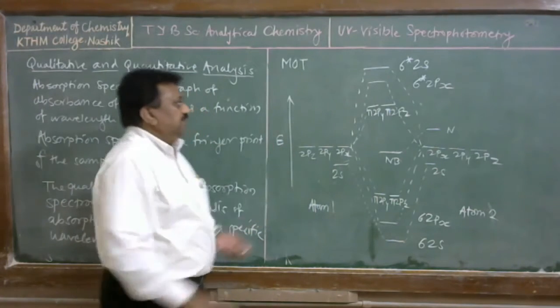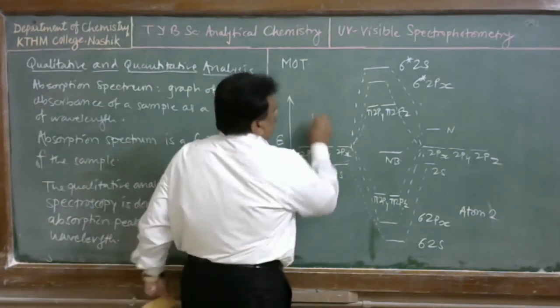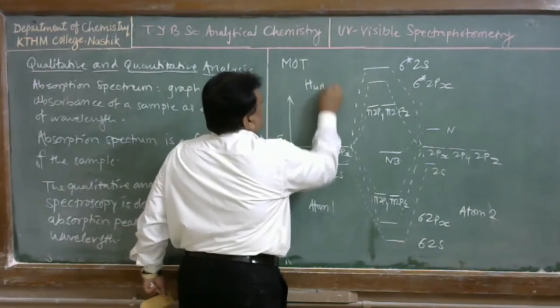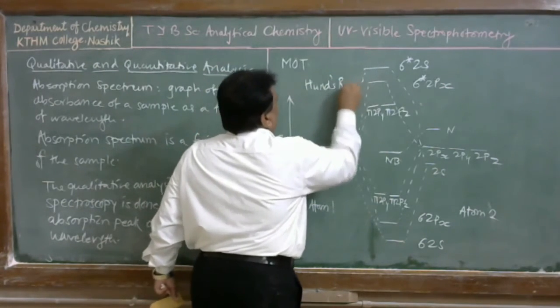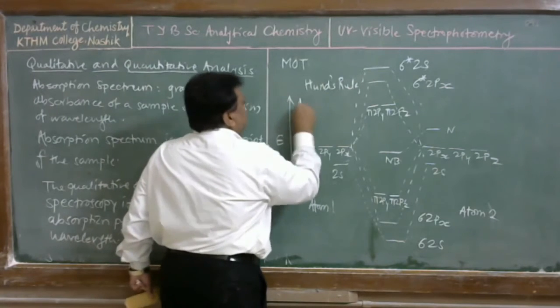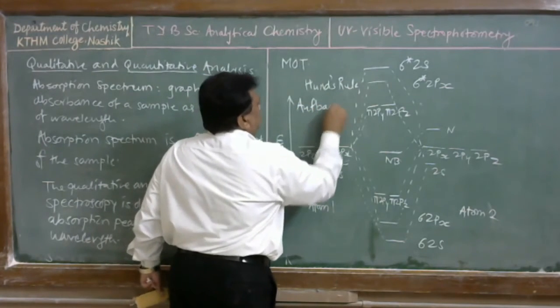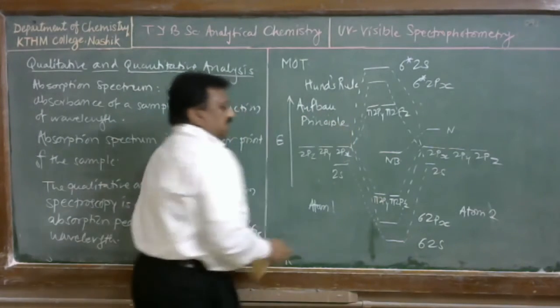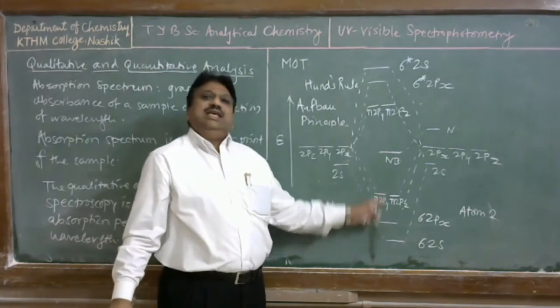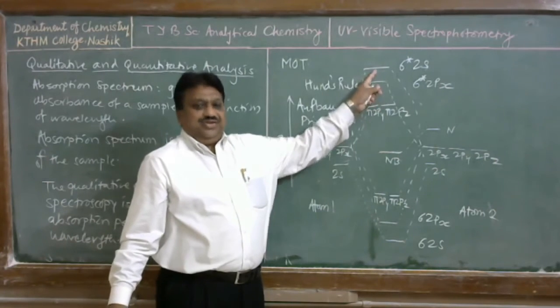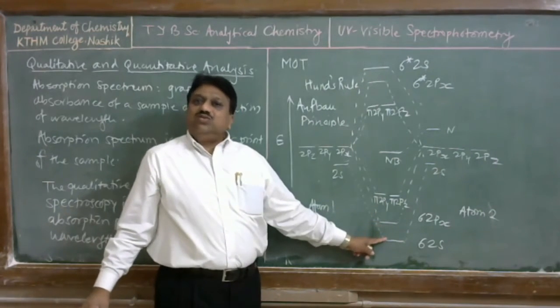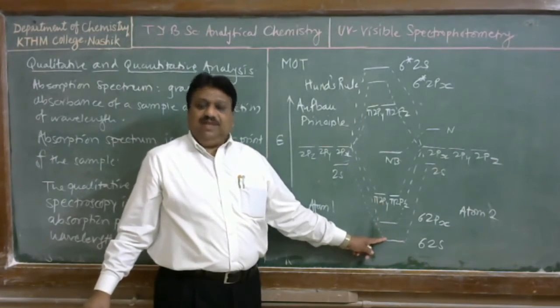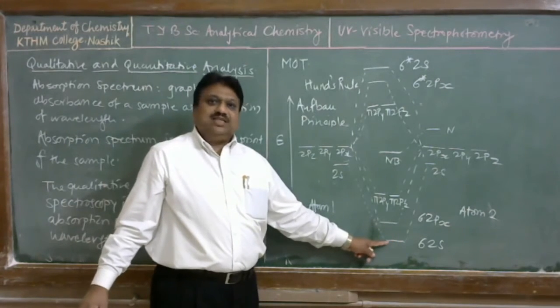Then according to Hund's rule and the Aufbau principle, electrons are distributed in these orbitals with increasing energy. First of all, the ground state electronic energy levels, or molecular orbitals, are filled.